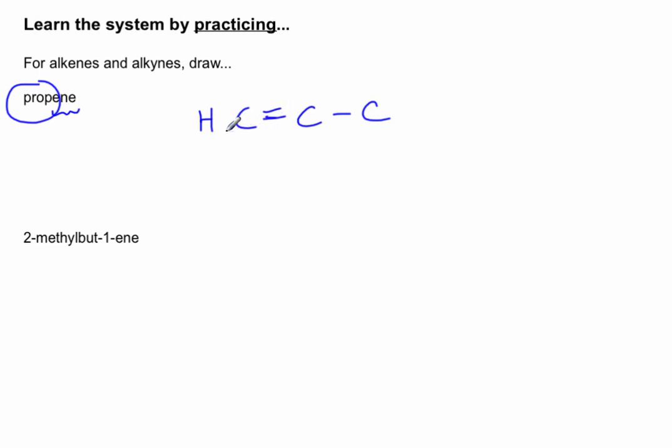Now remember, double bond changes how many hydrogens you can attach, and so there's the formula or condensed structural diagram for propene, and it has a formula CH2=CH-CH3 structural formula. So propene.